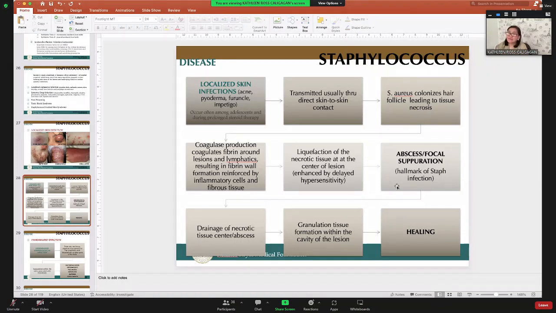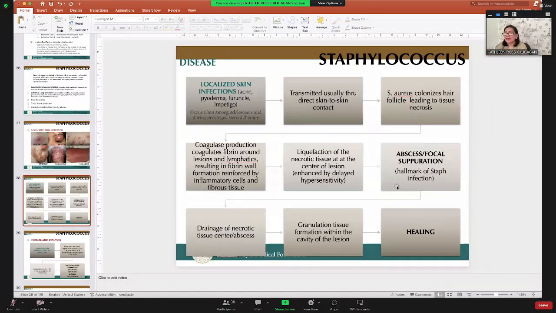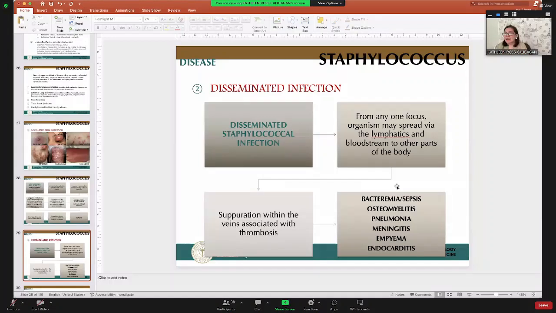If it gets infected further, the localized skin infection may eventually disseminate to other organ systems. From one focus, the organism may spread via the lymphatics and the bloodstream to other parts of the body, where suppuration will occur within the veins associated with thrombosis, leading to bacteremia, sepsis, osteomyelitis, pneumonia, meningitis, and so on. That is how you get disseminated infection from Staphylococcus.